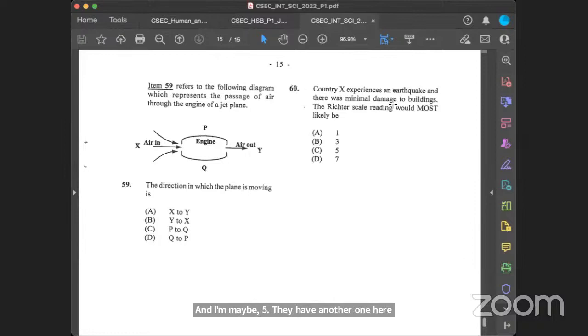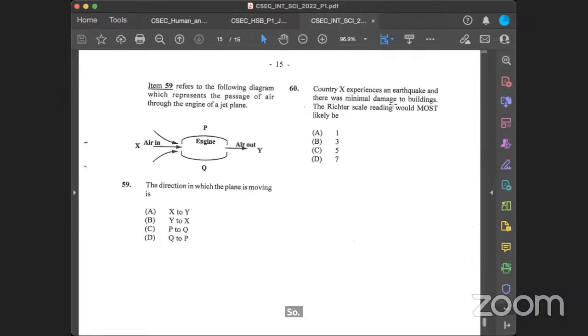This is 3, slight. It's felt quite noticeably by people indoors, especially on the upper floors of buildings. Many do not recognize it as an earthquake. Nothing affects the buildings or vehicles. But 5 is rather strong. The windows of buildings may be broken. And the roof will come off. So yeah, let's stick to 5.